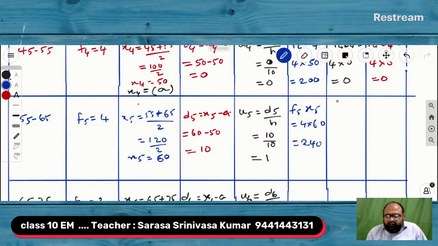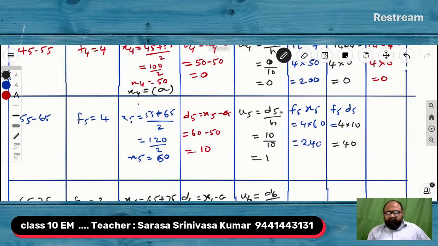Next, we calculate F5 D5. This is equal to F5 is 4 multiplied by D5, which is 10. We get F5 D5 is 40.